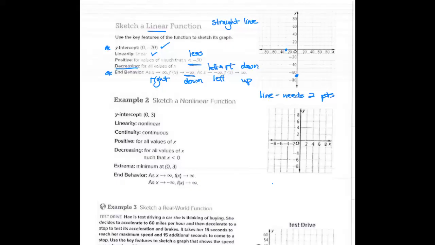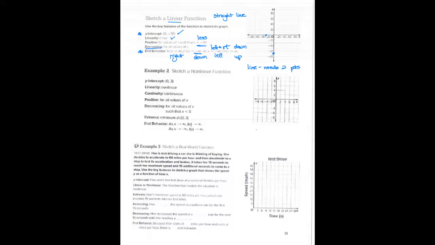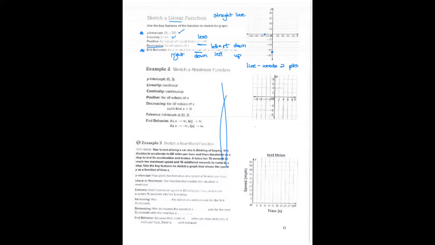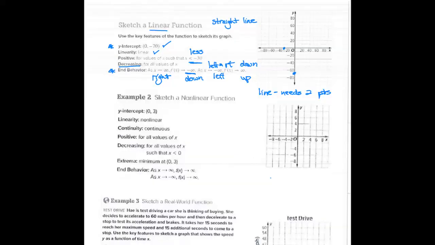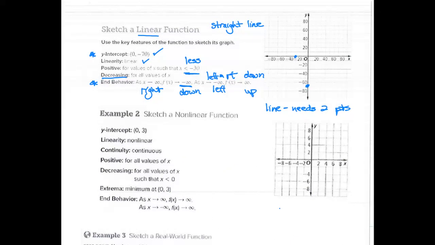Somewhere up here, I think I have a really cool feature, but I cannot, for some reason, reach it. So, this line is going to look something like this. And you can check it. So there's my y-intercept, 0, -70.